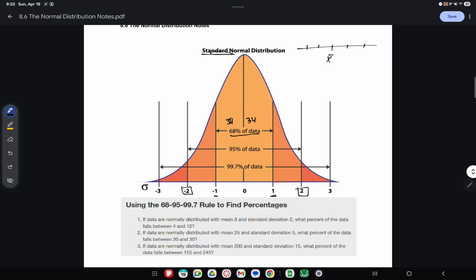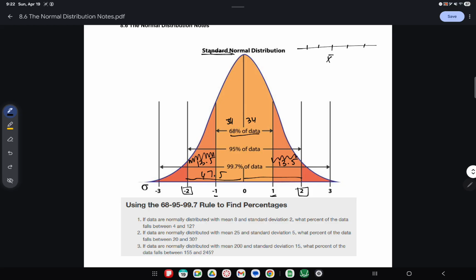If we split it, 95 divided by 2, then from here to here is 47.5% on each side. But if I want just the little pieces, like just this orange color, it's 13.5.